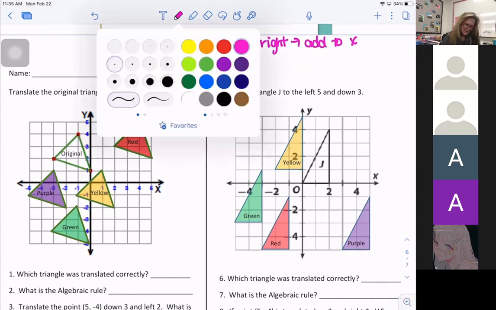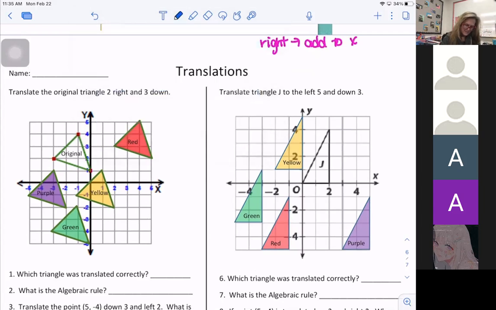If I am moving to the left, I'm subtracting from x. So right and left means I'm dealing with my x value. It can come anywhere in the statement, but as long as it says right and left, I know I'm dealing with my x value.